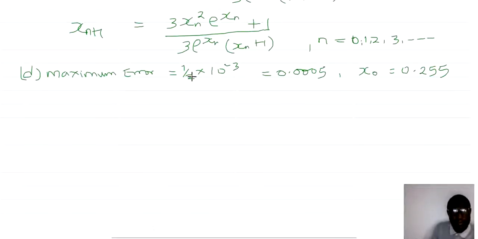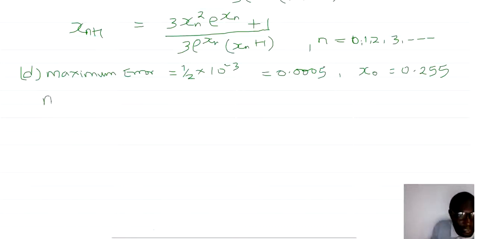Remember the use of the error, we only continue if the error permits us to continue. If the calculated error is less than the maximum required error, then we stop. But if the calculated error is greater than the maximum required error, that means we should continue carrying on the computation.